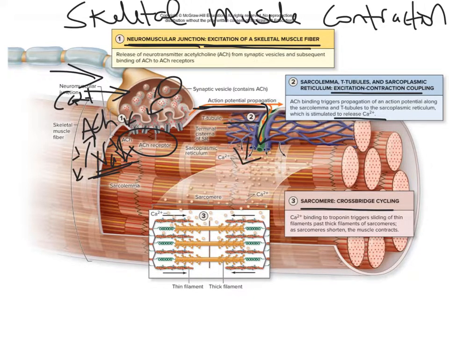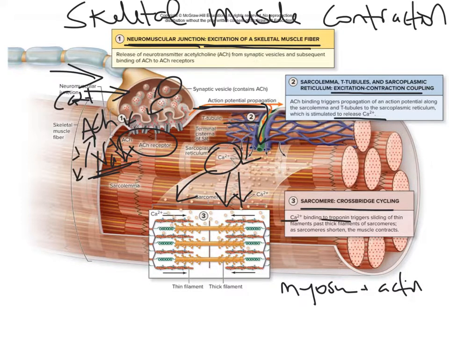Calcium is released from the sarcoplasmic reticulum, and it floods the sarcomere. When it gets into the sarcomere, that calcium is going to bind to troponin, which is going to cause the tropomyosin to move and expose the myosin binding site on the actin, and then you get the myosin and the actin to form a cross bridge in that swiveling motion, resulting in shortening of the sarcomere and your contraction.